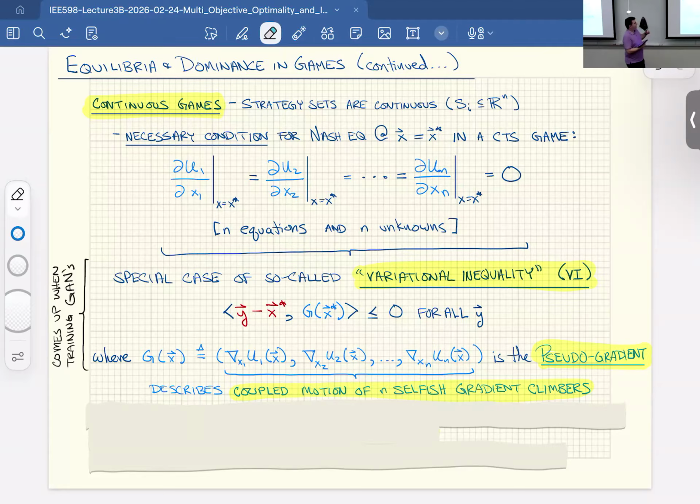And so initially when they started using vanilla stochastic gradient descent to find solutions to generative adversarial networks to solve for both the generator network.